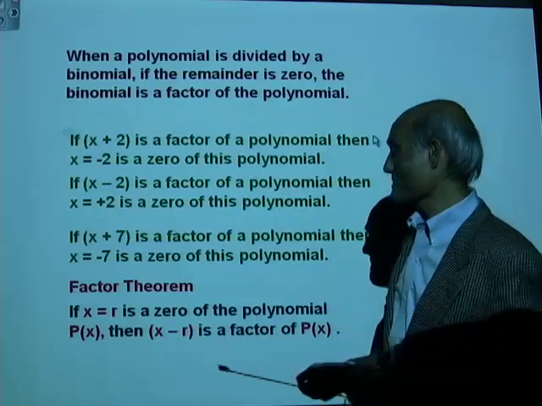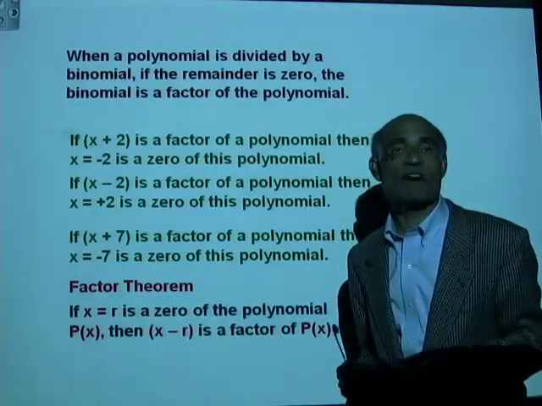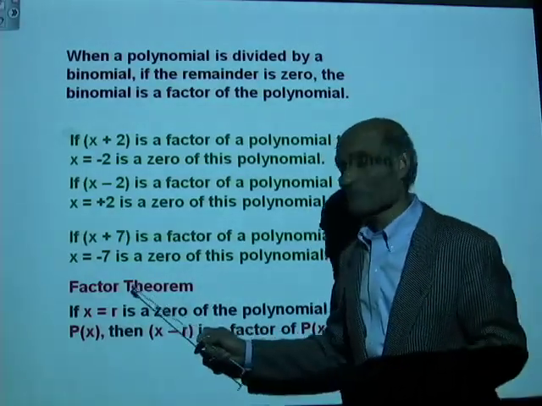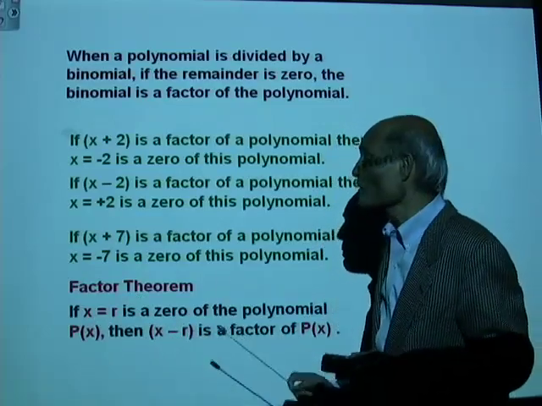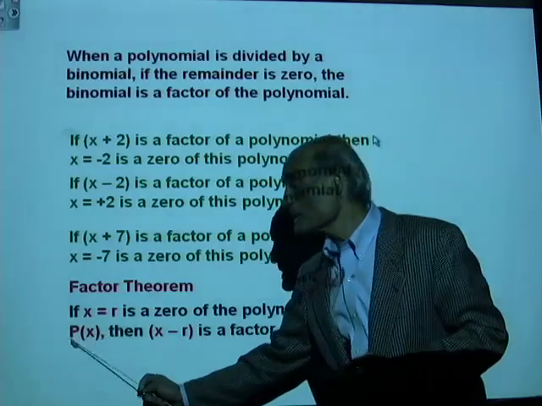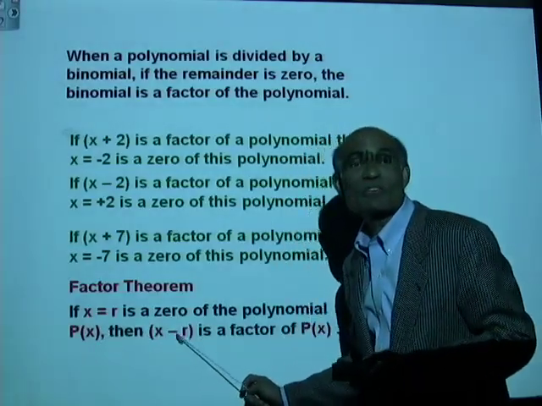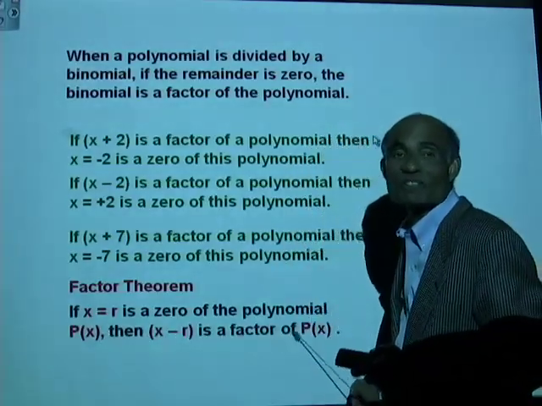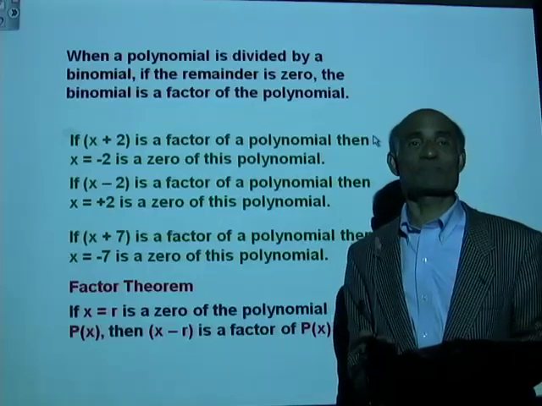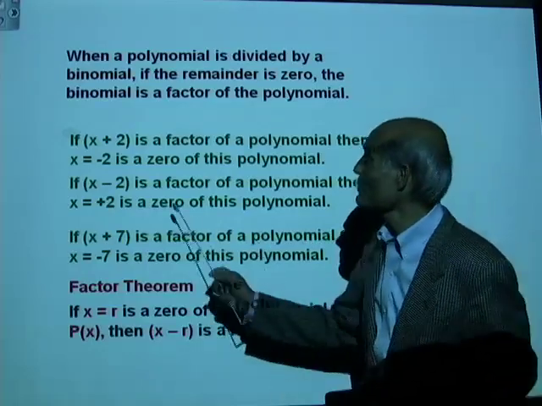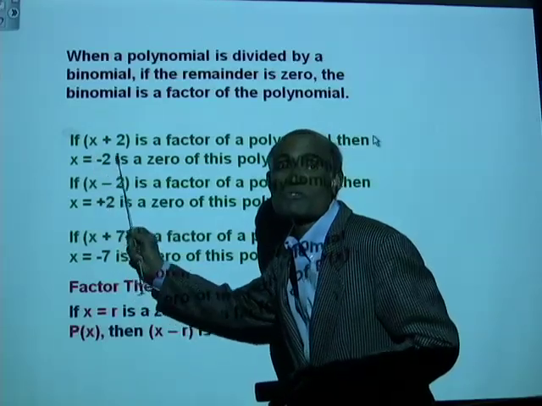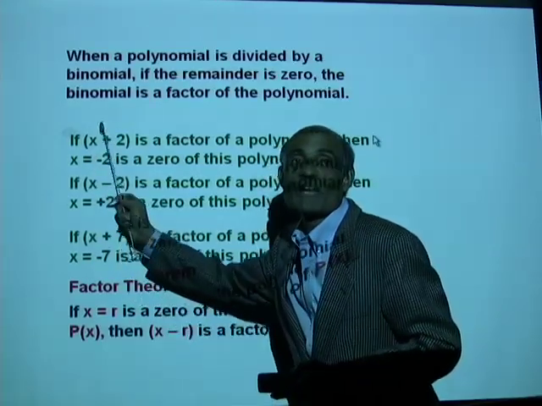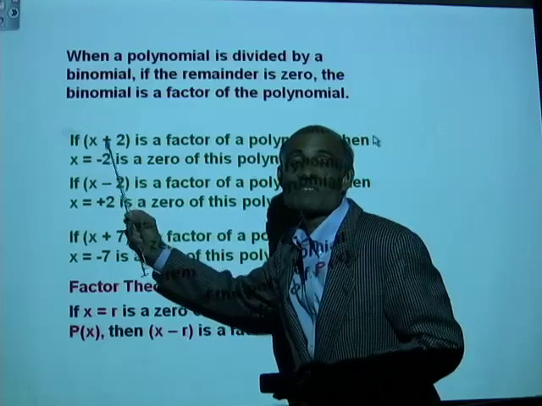Alright? Let's now write down the factor theorem. And what is that? If x equal to r is a 0 of the polynomial p of x, then x minus r is a factor of p of x. In other words, look at this here again. If x equal to negative 2 is a 0, then x plus 2 is a factor.